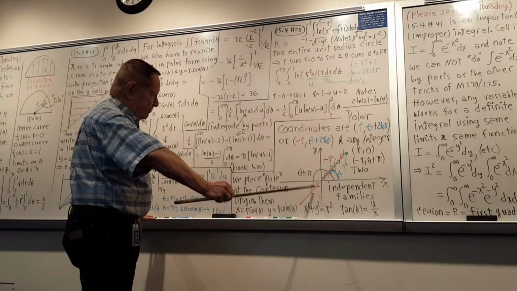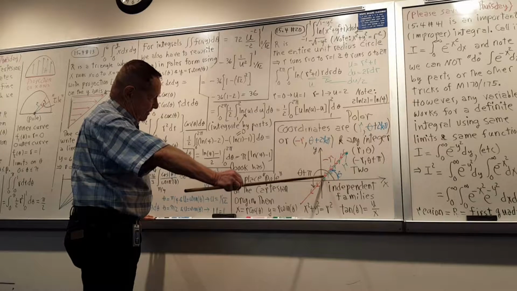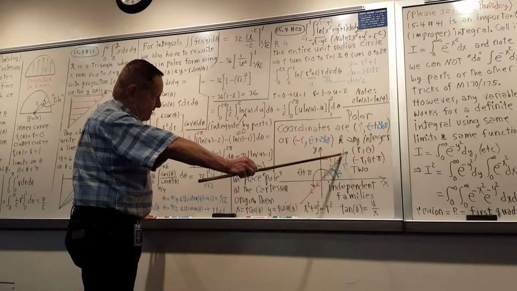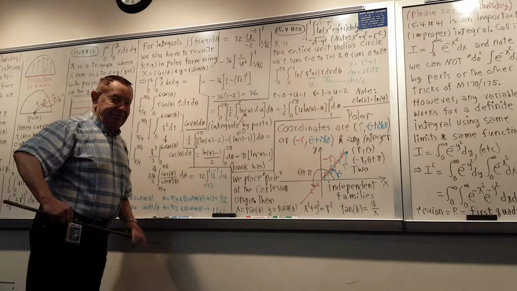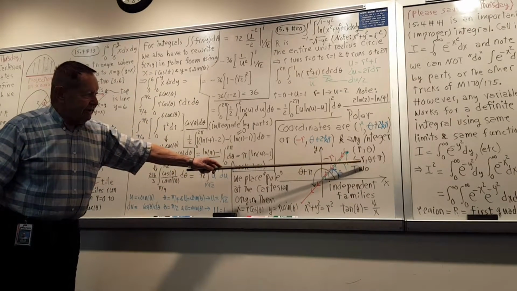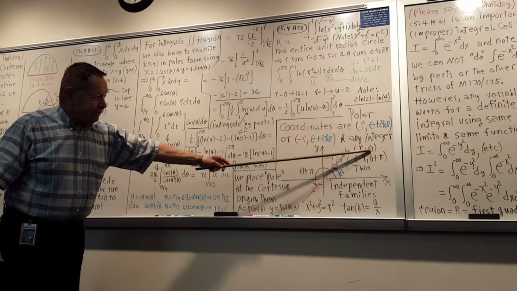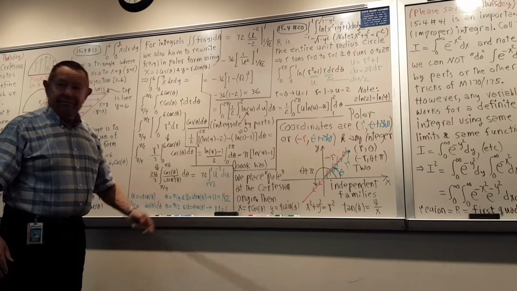So I can do minus r, which would point me like the red, and you see my backward arrows, so I'm walking backward. So this point is also minus whatever was this r, and this angle plus pi.